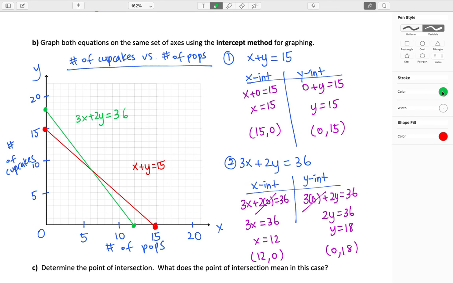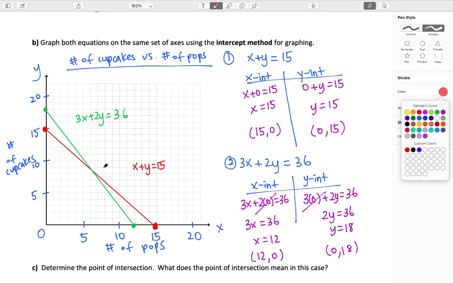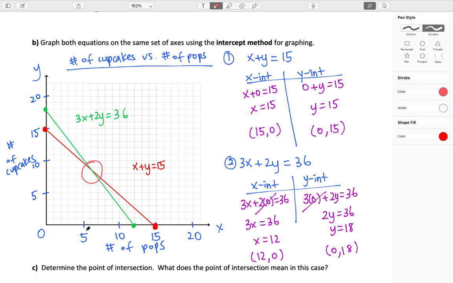Okay, yes, so I noticed that we have a point of intersection here. So it looks like the point of intersection is at 6, and this is 9. Okay, so that's my point of intersection.